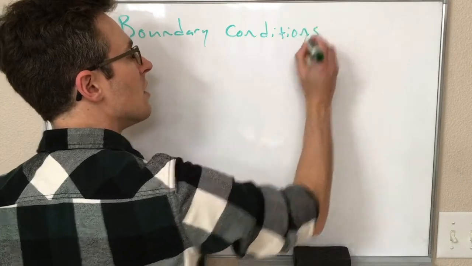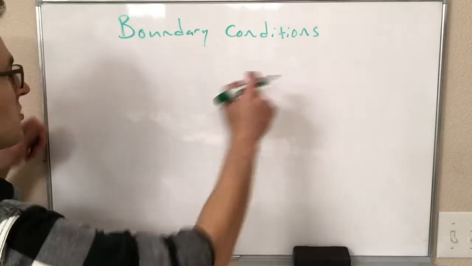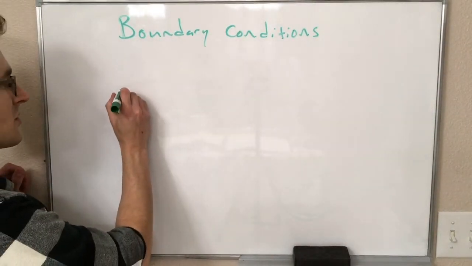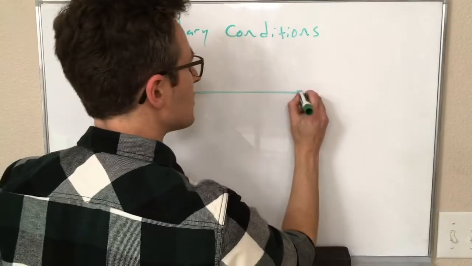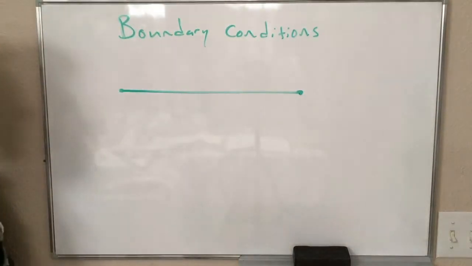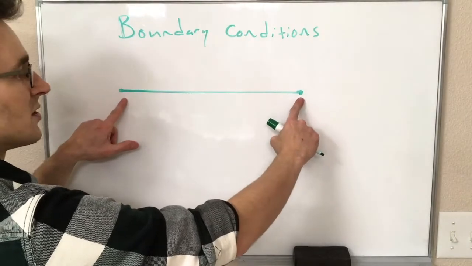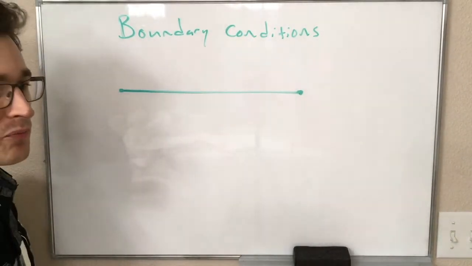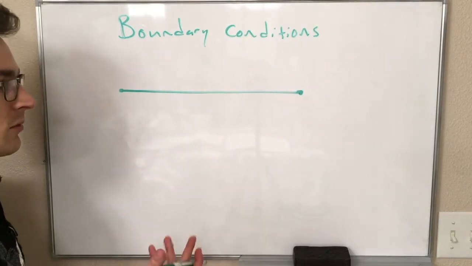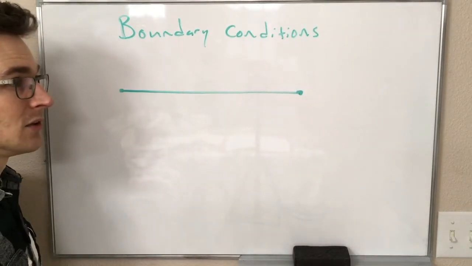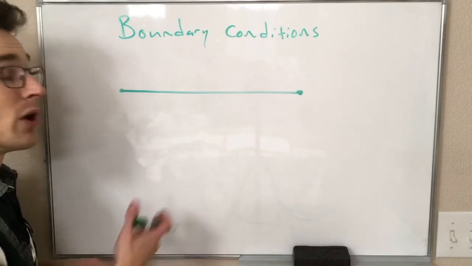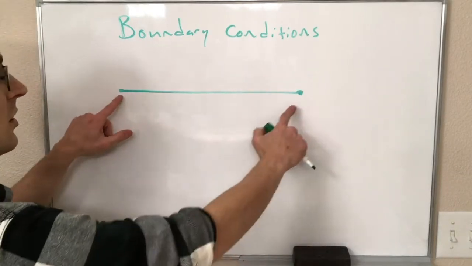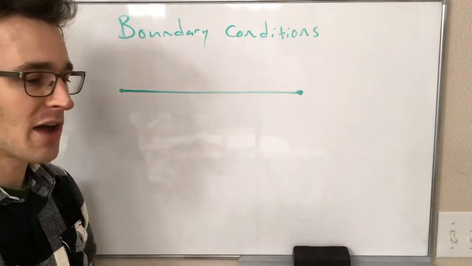In the case of our string stretched between 2 points, it is going to oscillate differently if the two ends are fixed in place or if one end is free to move up and down. In practice, it is much, much easier to fix the ends of the string rather than to try to have a free string.